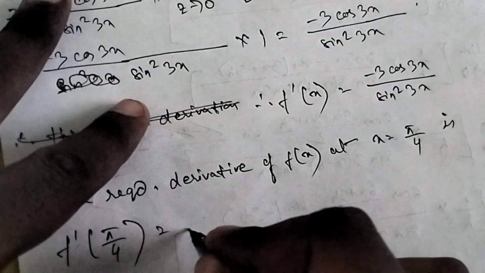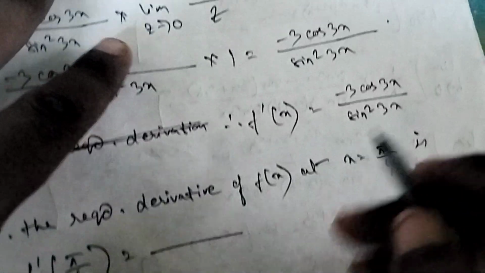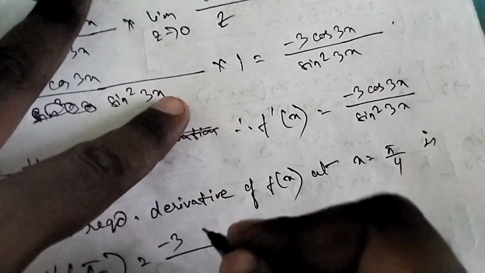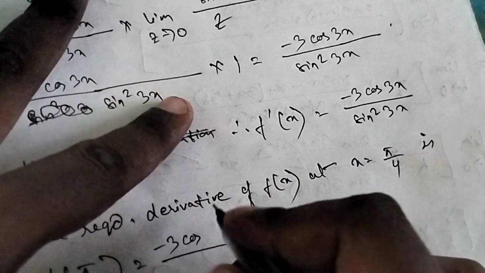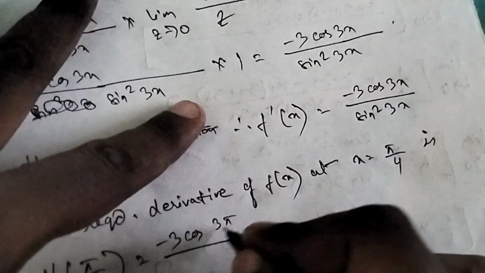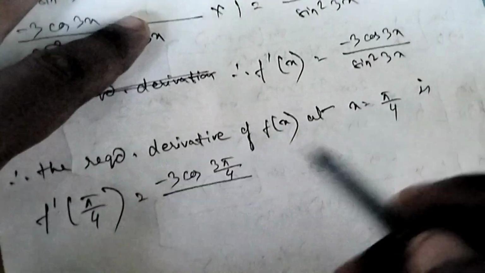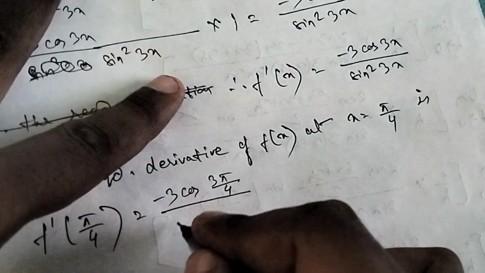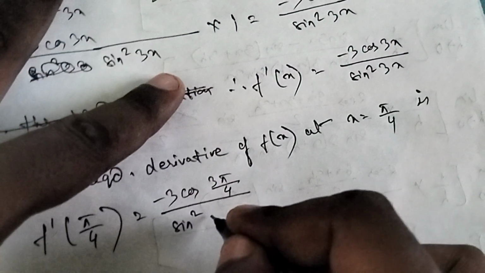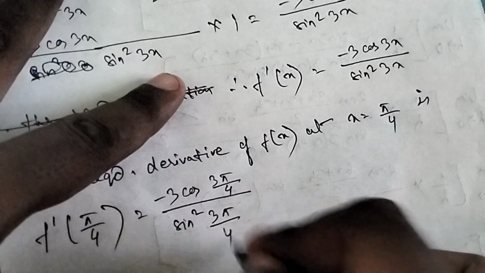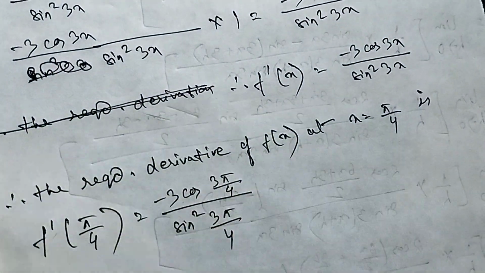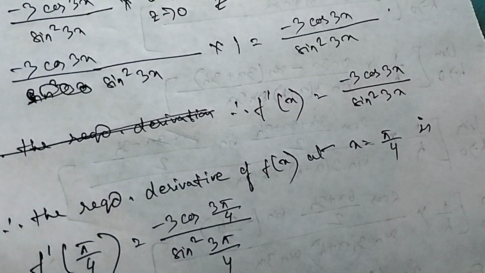Okay, so instead of x we'll put pi by 4, so it will be minus 3 cos 3 pi by 4. Cos 3x, instead of x we'll put pi by 4, and in the denominator sine square 3 pi by 4, right?